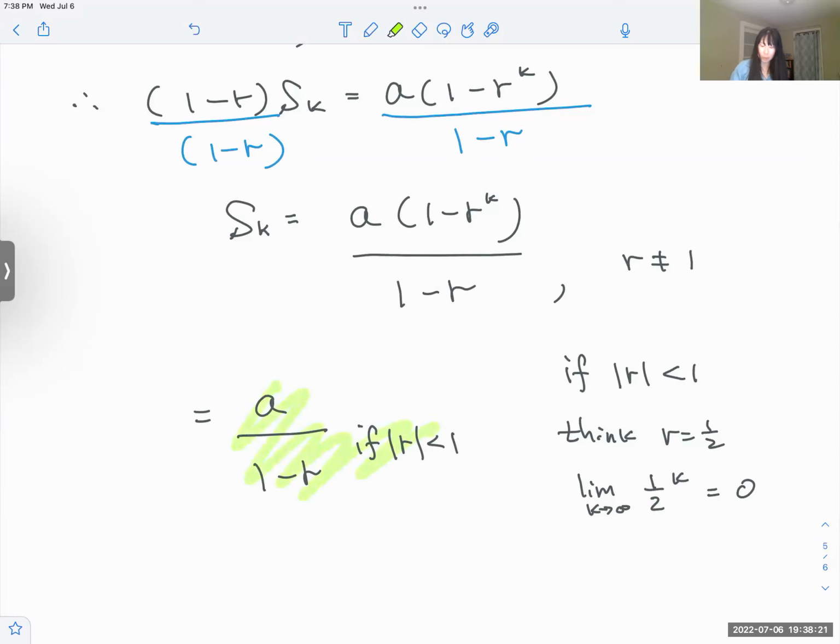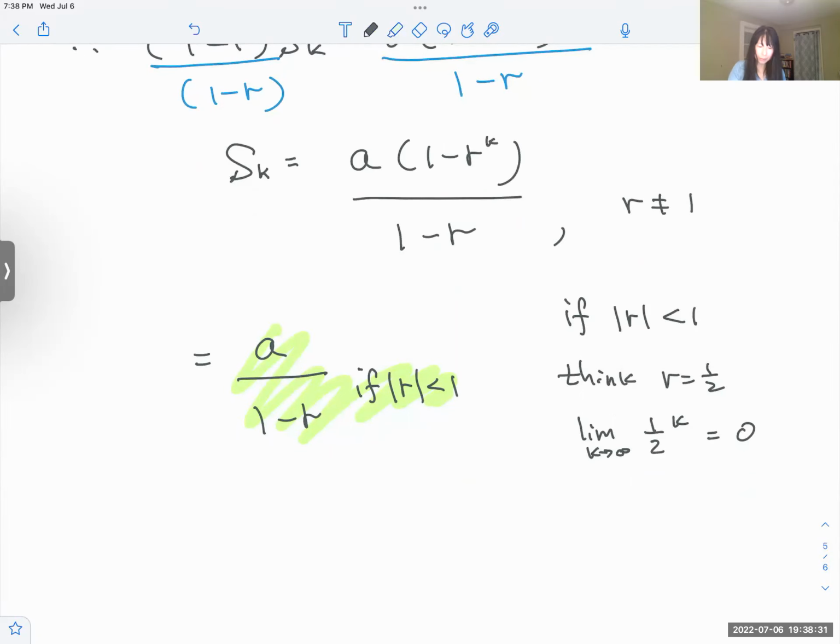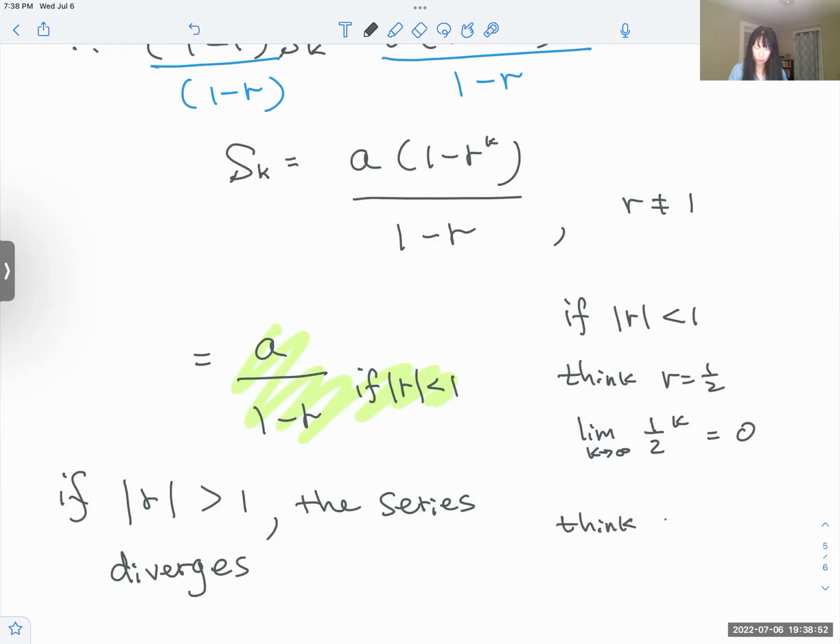They have one here, right? We said if the absolute value of r is greater than 1, then it diverges, right? So think r equal to 2.